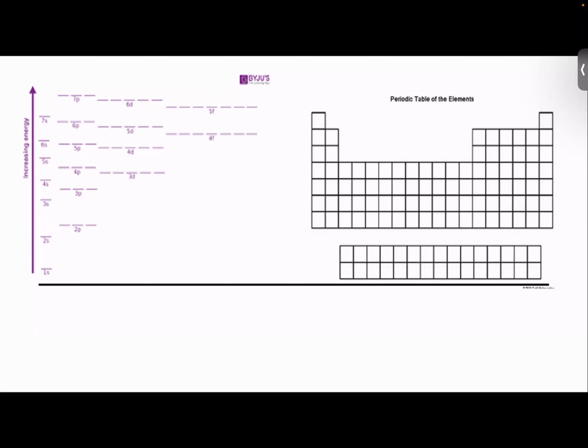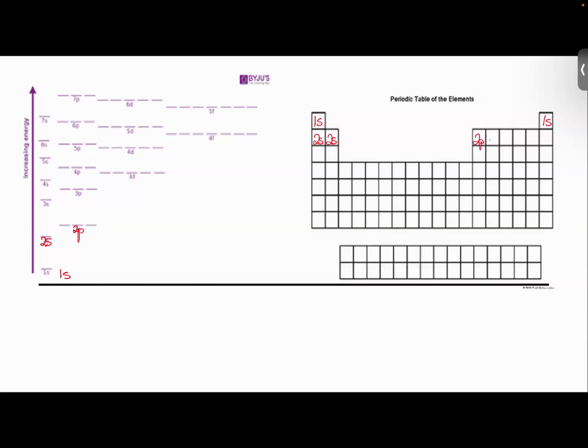Okay, so again, this periodic table has been arranged for you according to energy. The first one, though it's very difficult to see, is the 1s. Hydrogen and helium are the 1s. The next thing that is listed is the 2s. Lithium and beryllium are the 2s. The next thing that is listed in energy is the 2p.